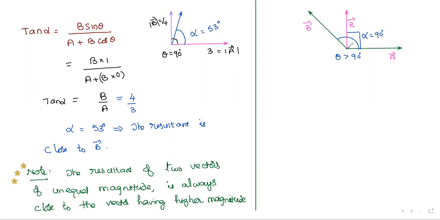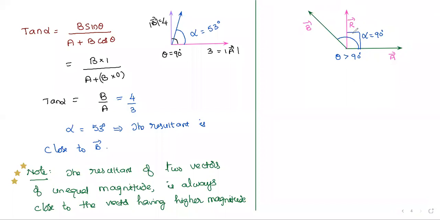This is a vector A bar and this is another vector B bar. Now you posted correct. The angle between the two vectors is more than 90 degrees. After constructing the parallelogram, I found the resultant is exactly perpendicular to A bar.